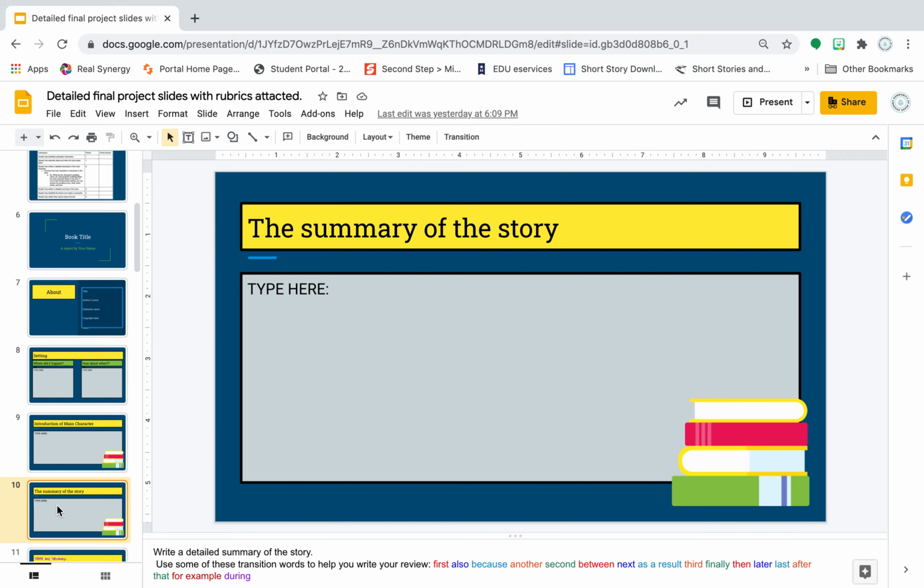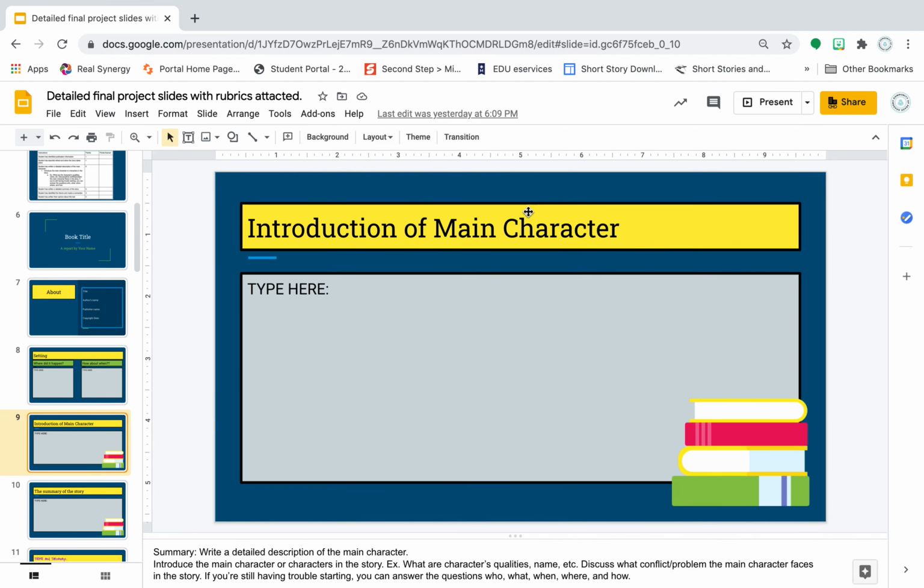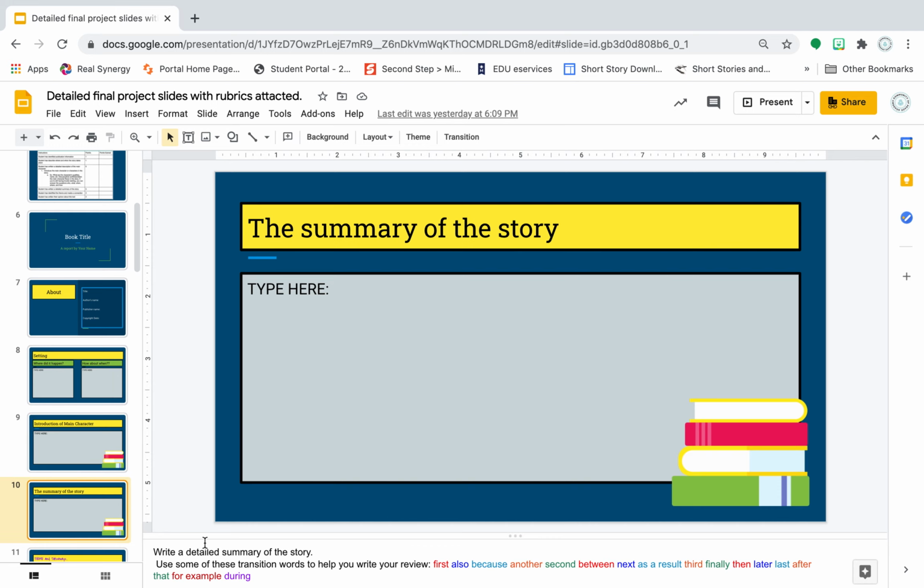All right. This next slide, now they look very similar. I have these yellow topics. So it says about the book, setting, introduction of main character. This is just about Justice. Here's the summary of the story. This is, you're just going to talk about the story and use some of the transitions below, right?